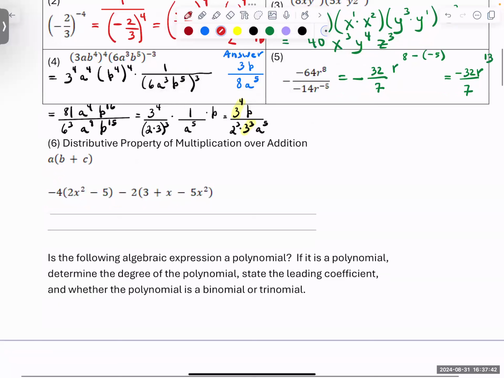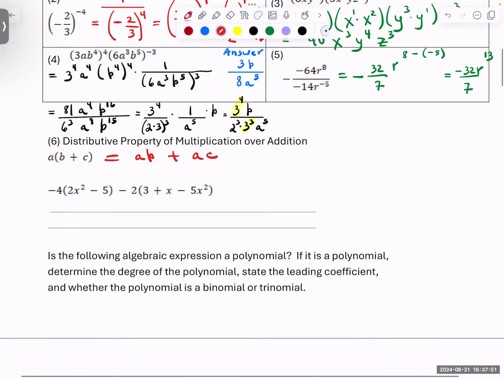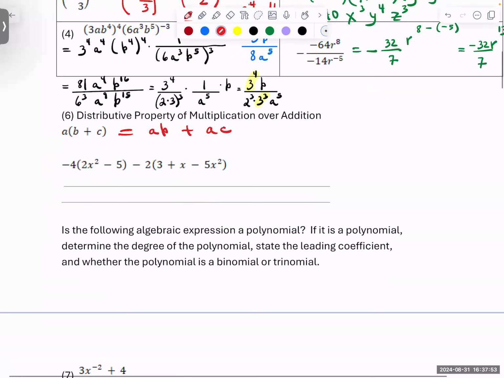Okay, so the first problem is to distribute A times B, or AB, plus A times C. The reverse is to find the greatest common factor, which is A, and then factor out A. In the next expression, we're going to distribute -4. The minus in front of the 5 is subtraction, but we can think of it as a negative. Subtracting 5 is the same as adding -5.